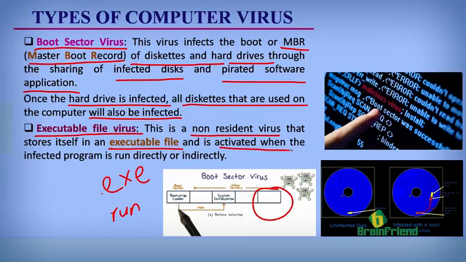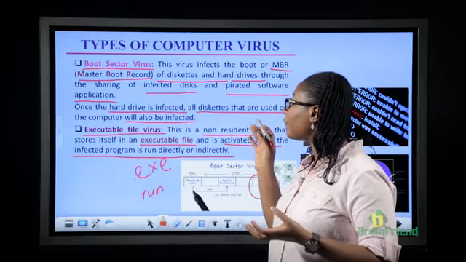And then it is activated when the infected program is run directly or indirectly. So if you have a virus on your system and you click on run, immediately the files on your system can be affected. So that's what an executable file virus can do. So we have an infected system with a boot sector virus and then an uninfected disk.